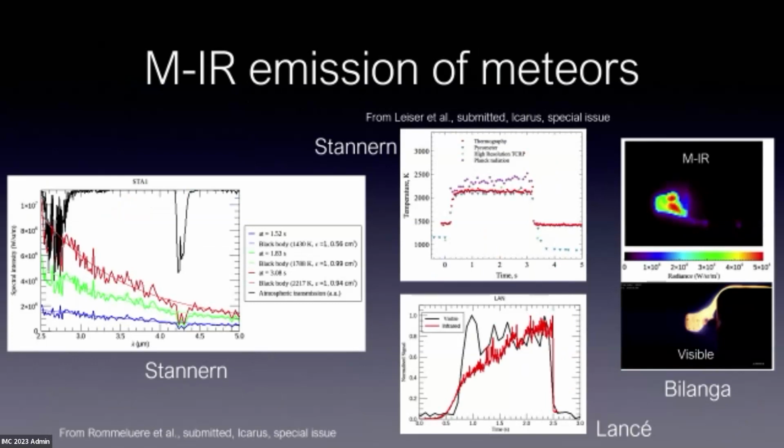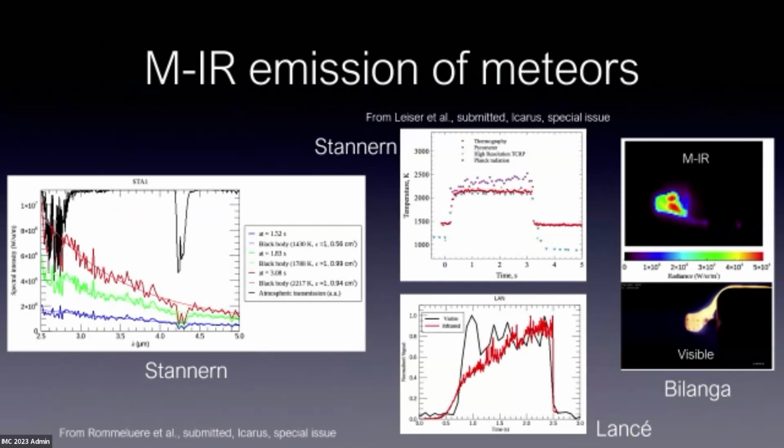One of the reasons is that there are only a few frames in the mid-infrared taken in the early 2000s during the Leonids. We wanted to compare, and what we saw was no emission line, only black body radiation. And so we were able to compute the temperature of the surface and to compare it with other experiments.